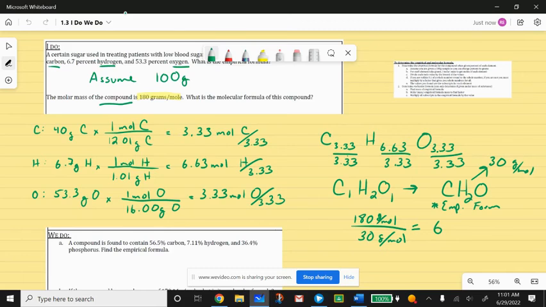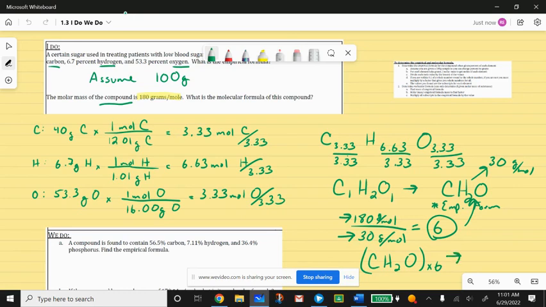So if I take the molar mass, 180 grams per mole, and divide it by the empirical formula mass, which is 30 grams per mole, I get 6 times greater, which means I'm going to take this whole thing and multiply by 6. So we're going to take CH2O and multiply that by 6.